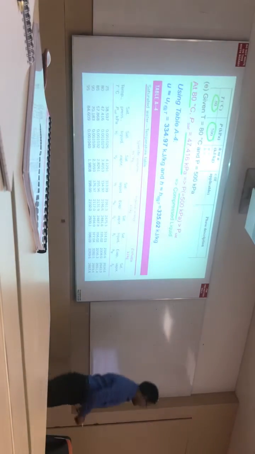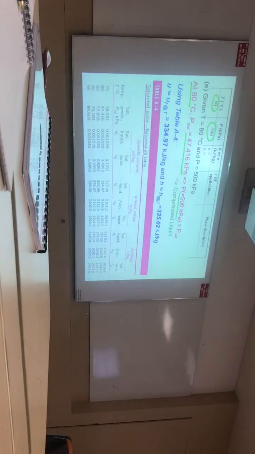Then I can approximate U becomes UF at 80 degrees Celsius. Then H becomes HF at 80 degrees Celsius. And from the table corresponding to 80 degrees Celsius, I can calculate UF, right? This number. And HF 335.02. Okay?